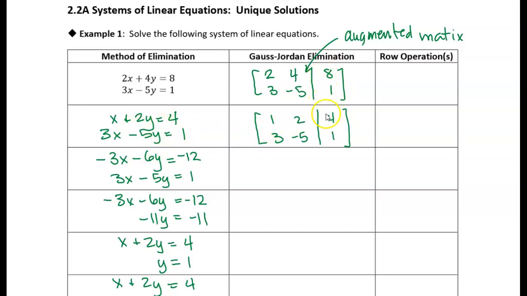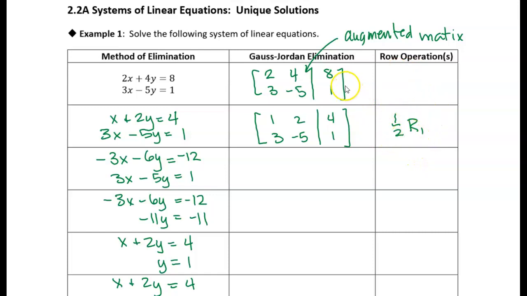Now, what did I do between those two sets of equations? I basically just took the first equation and divided everything by 2. Now, if you look at this augmented matrix, you can think of that as taking row 1 and taking half of it. So I basically took half of row 1. All right, so I'm going to note that here.